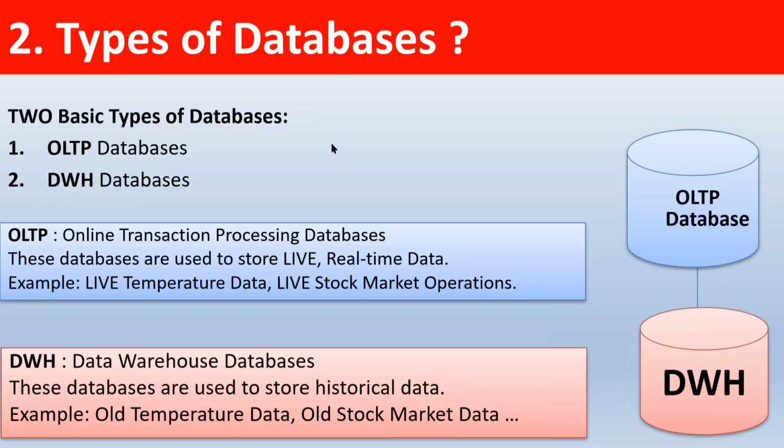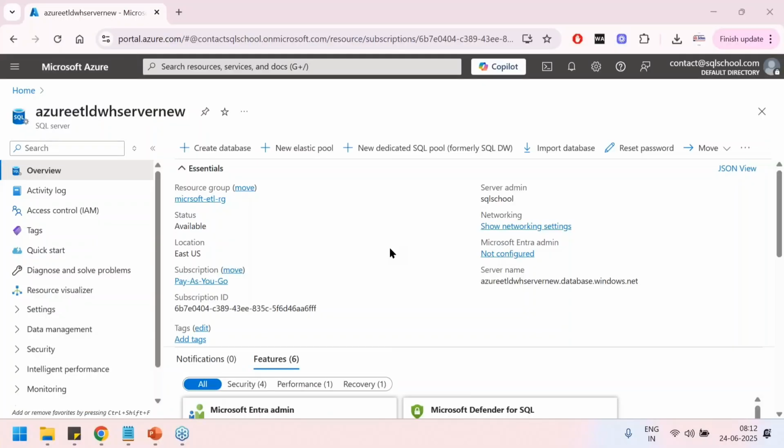In tomorrow's class, we are going to install these particular components, OLTP and data warehouse, on my screen. So inside a database server, you have databases, OLTP and data warehouse, DW. Like one house, multiple rooms, a storeroom and a living room.